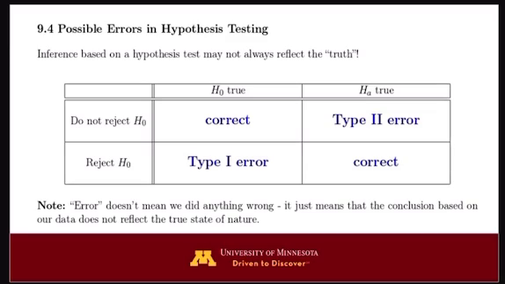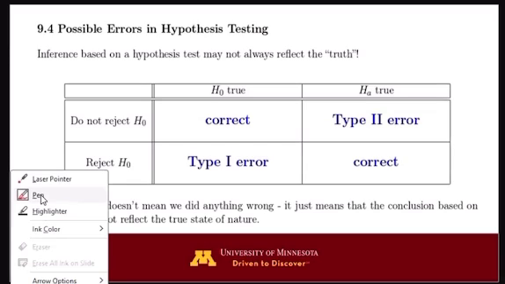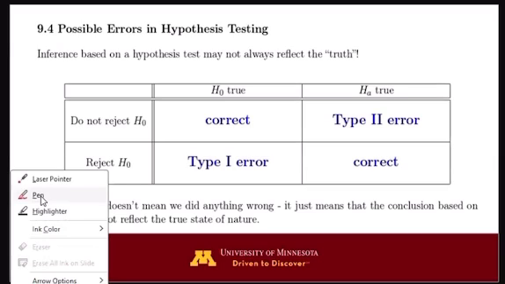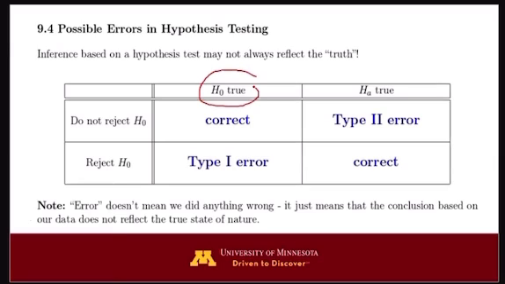Now, take a look at this. If nature has it that H naught is true, and we do not reject H naught, then we've taken the correct decision. Does that make sense?